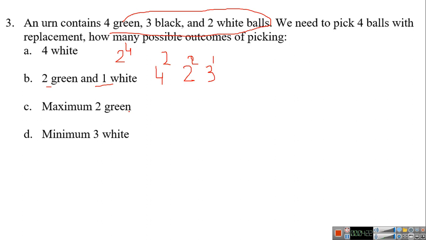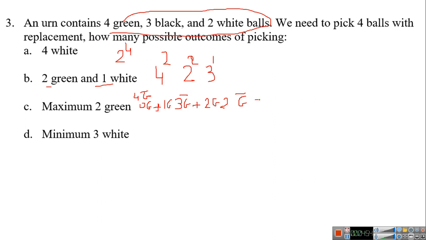Maximum 2 green. I may get 0 green out of the 4, or 1 green and 3 not green, or 2 green and 2 not green.